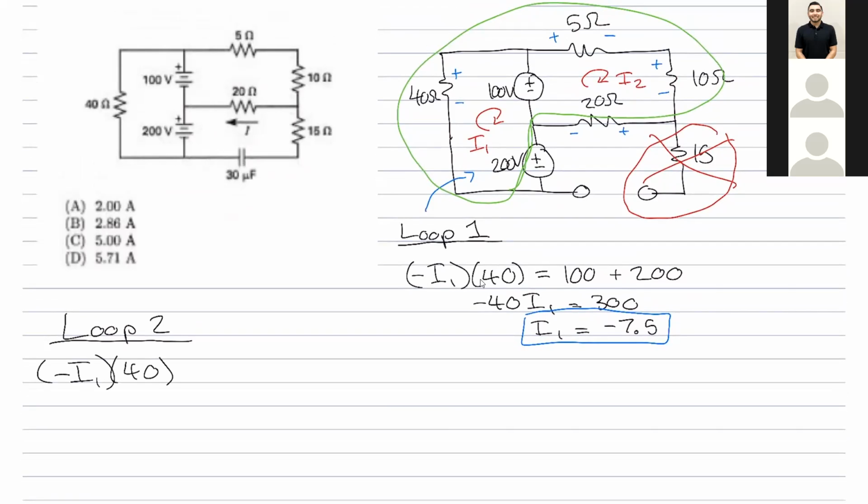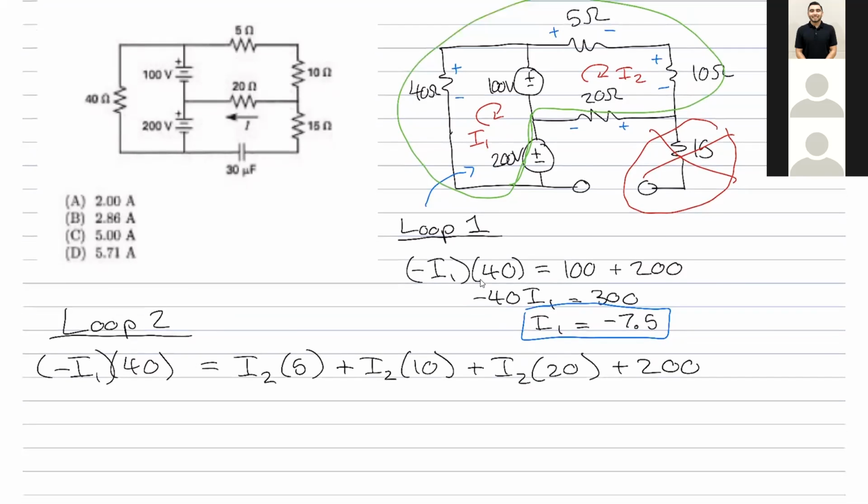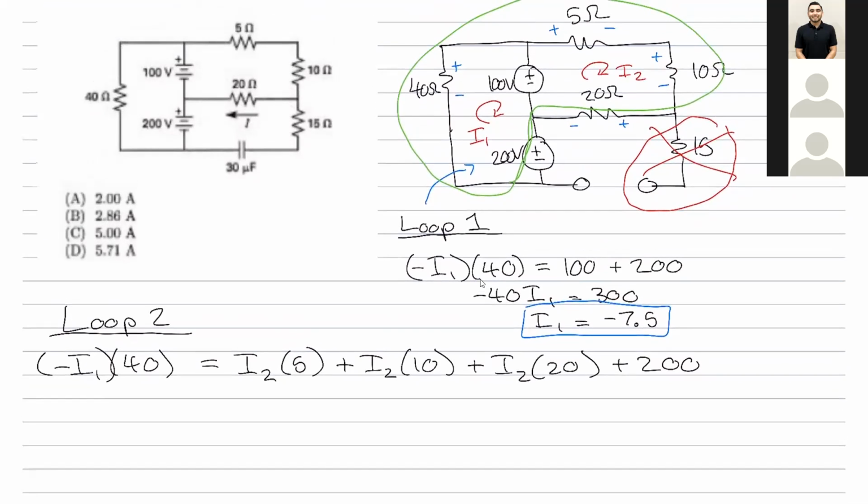That's going to equal I2 times 5 plus I2 times 10 plus I2 times 20, and then plus 200. Okay. Are we cool there? Yep, good. Okay, cool.